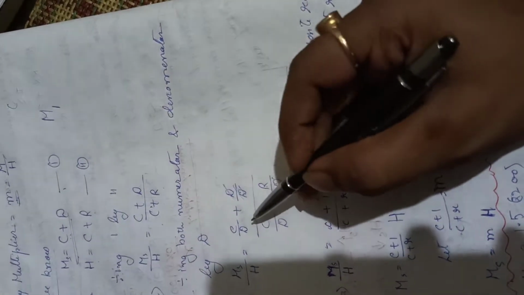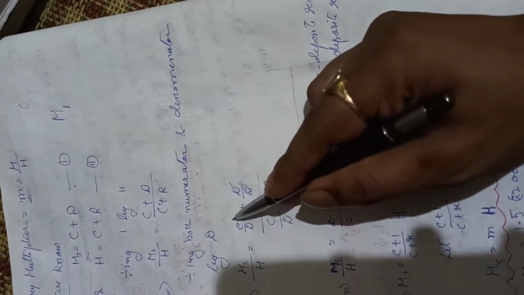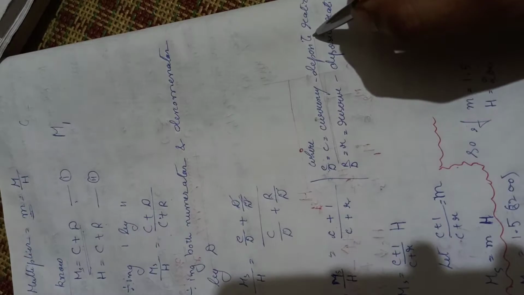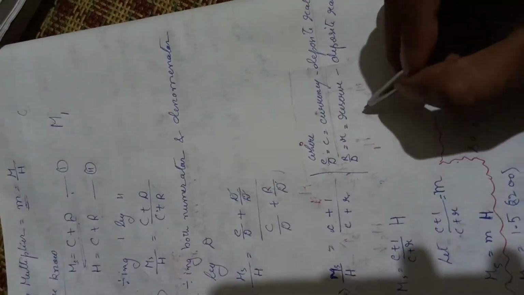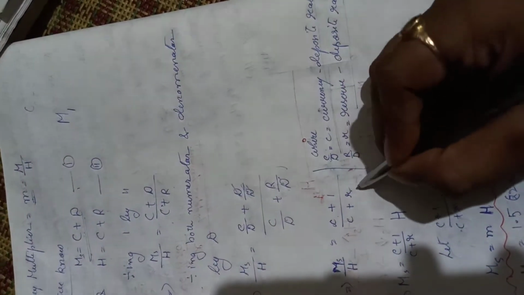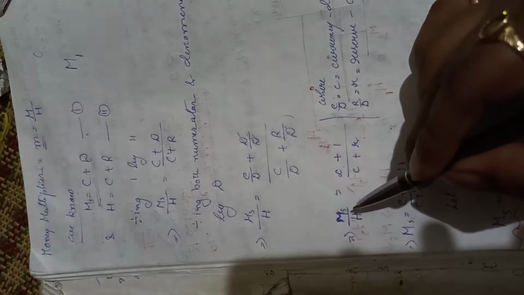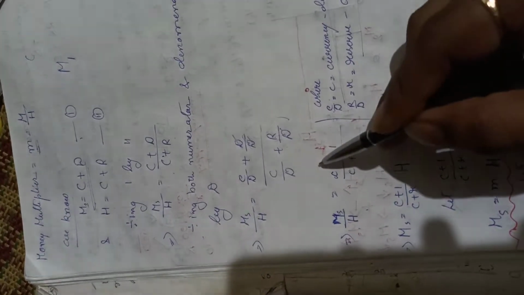Now this C by D ratio is basically known as currency deposit ratio, and this R by D is known as reserve deposit ratio. So we have this equation where money supply divided by high powered money equals this ratio.